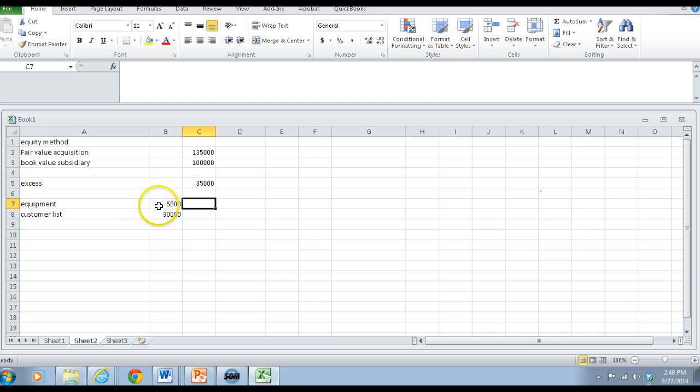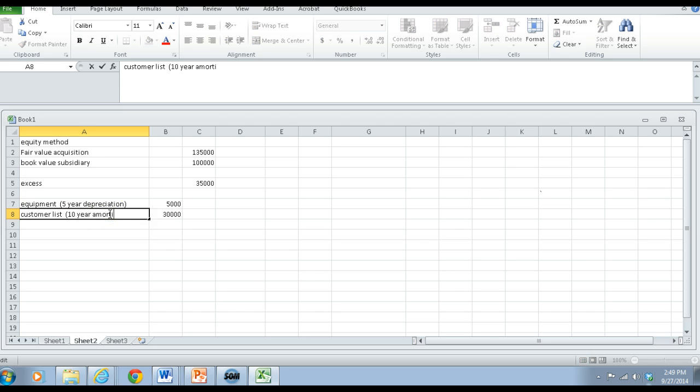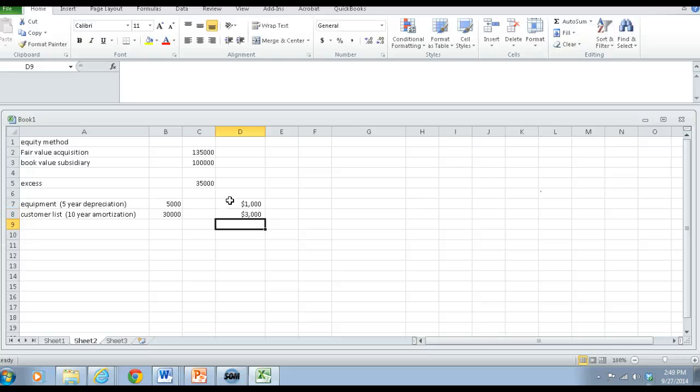This is equipment, with 5-year amortization or depreciation, and the customer list is a 10-year amortization. So each year this will be 1,000 and this one will be 3,000. So amortization of 4,000 will be taken each year on that excess.